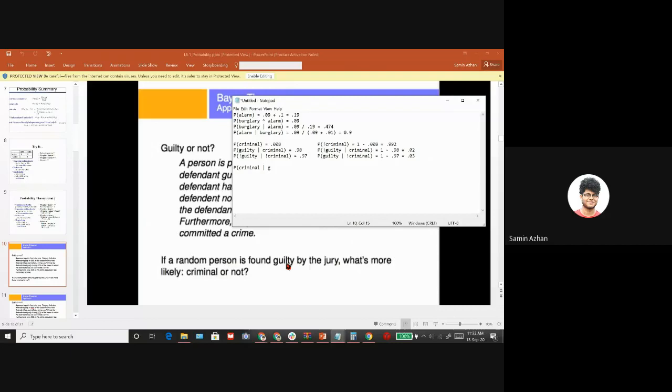We have to find the probability of the person being a criminal while guilty is true, and also the probability of the person not being a criminal if found guilty. We have to find both and measure which one is greater.